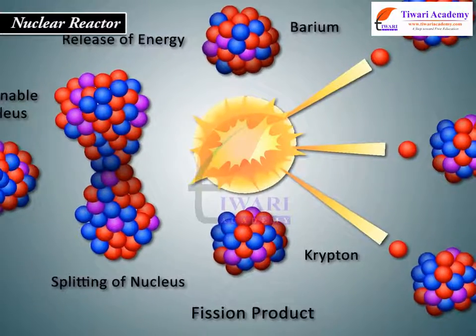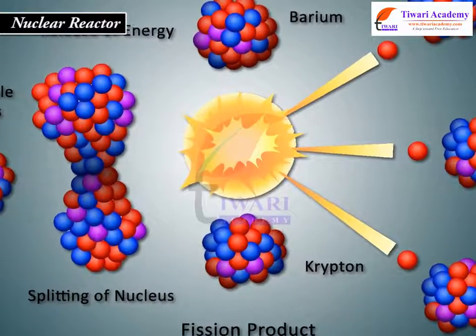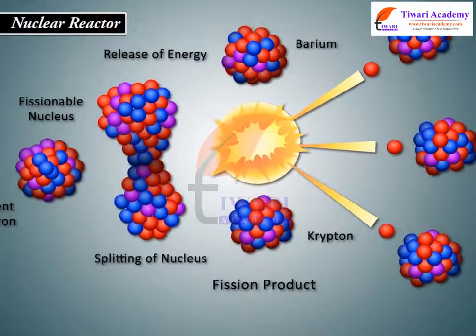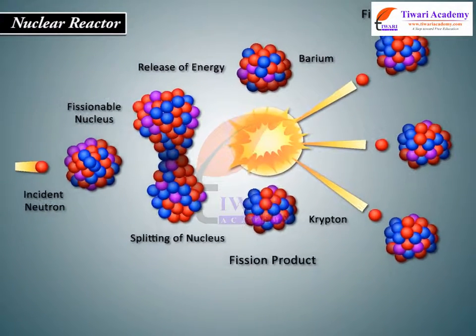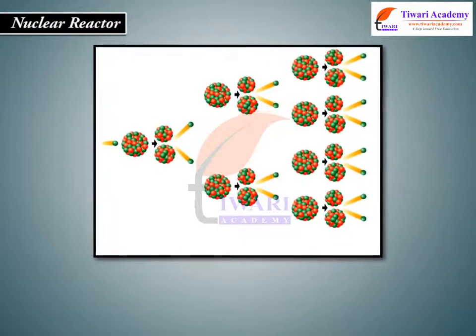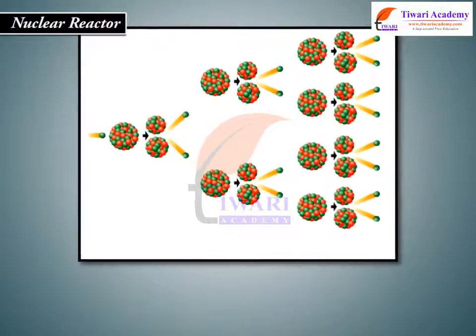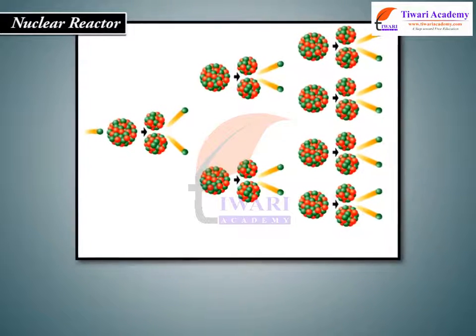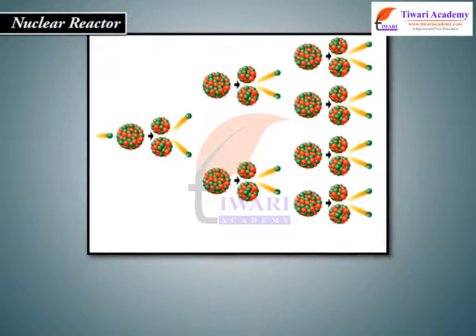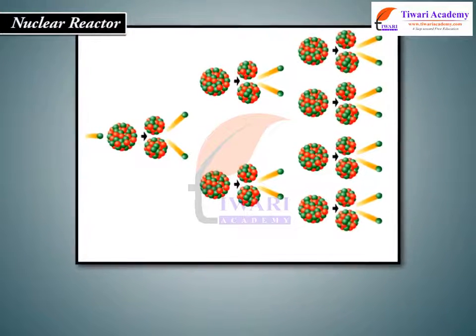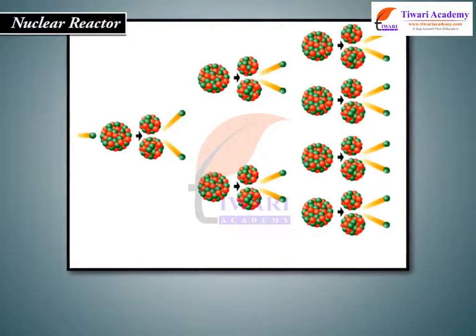Nuclear chain reactions are series of nuclear fissions, splitting of atomic nuclei, each initiated by a neutron produced in a preceding fission. In fact, on an average, 2.5 neutrons per fission of a uranium nucleus are released. The fact that more neutrons are produced in fission than are consumed raises the possibility of a chain reaction.